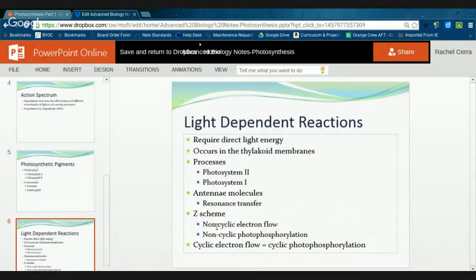In that process, we're going to take a coenzyme called NADP, and we're going to connect another hydrogen with it to make NADPH. That NADPH is then going to be sent out, and we're going to use that in the Calvin cycle as well.